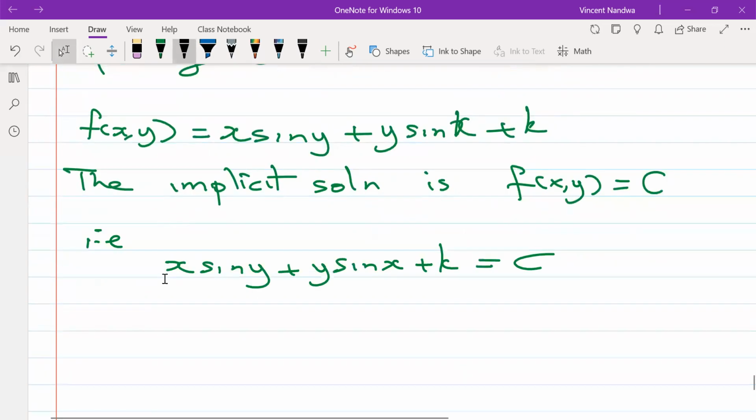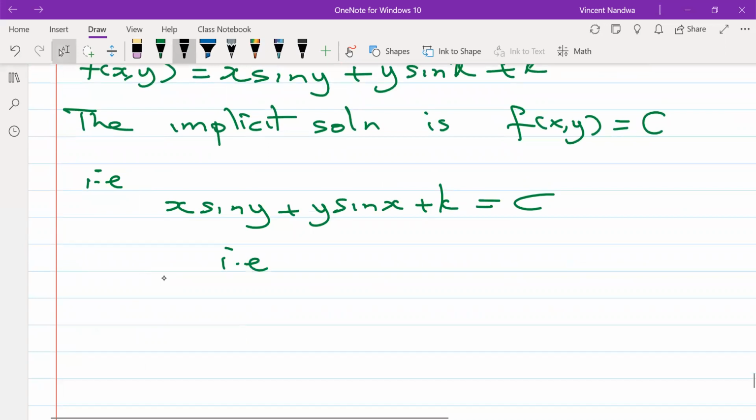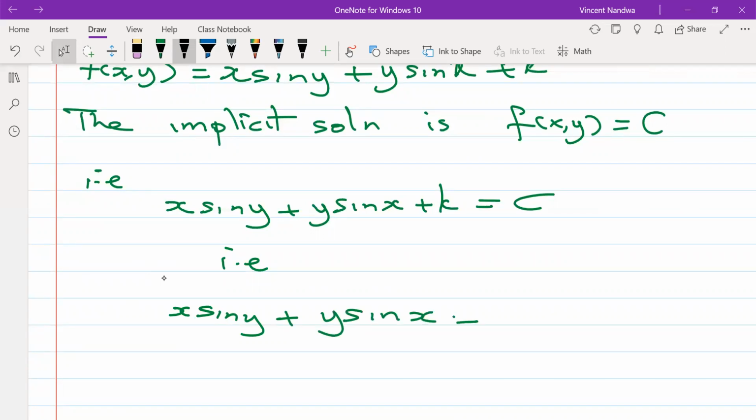And remember, k and c are just constants, so we can say x sine y plus y sine x equals to, just say a, where a is a constant, c minus k. So that is how we solve that equation. We give more examples in the next session on exact differential equation.